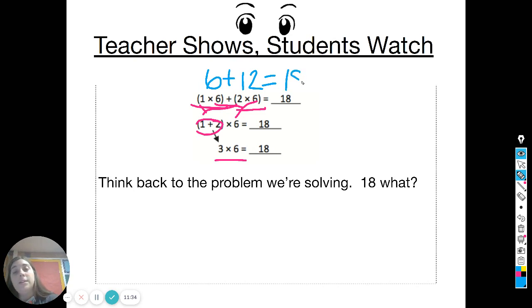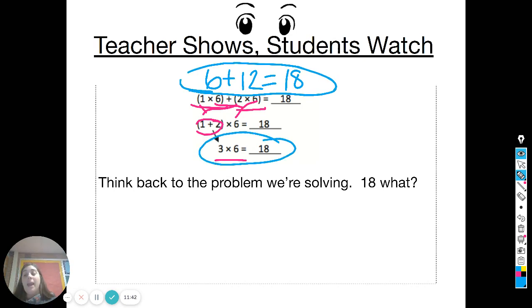That's where we got our 18 from. So we're saying that this that we decomposed earlier should be the same as our overall equation, which is 3 times 6, because altogether we had 3 guitars with 6 strings each. So 3 times 6 equals 18.